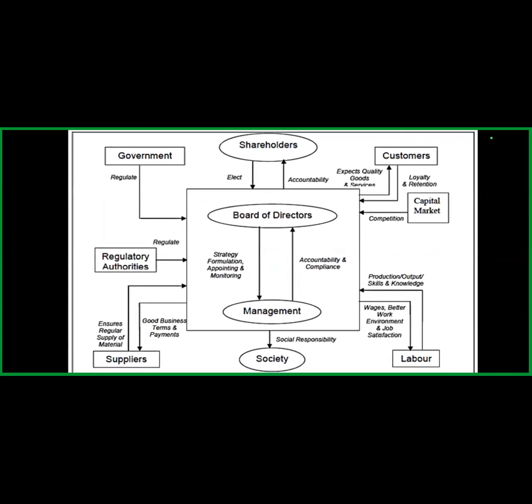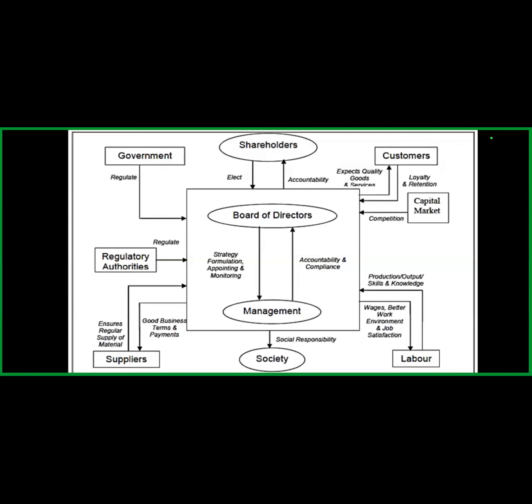All these activities are to be regulated by the government. Why? Because a number of instances have occurred where the company was not following the rules. The same is not the case in other countries, right? That is why we see that the levels of corporate governance in India are more as compared to other countries, right?